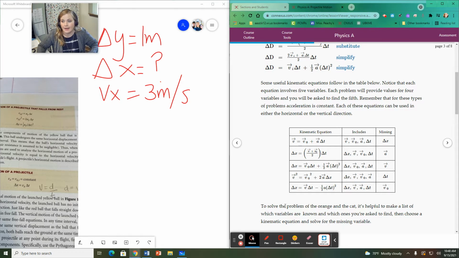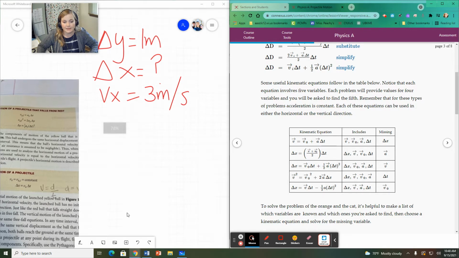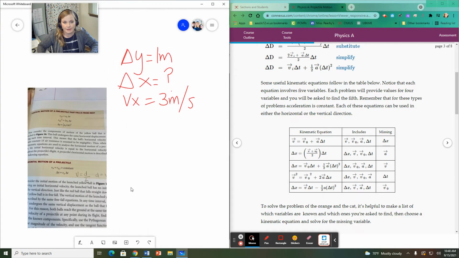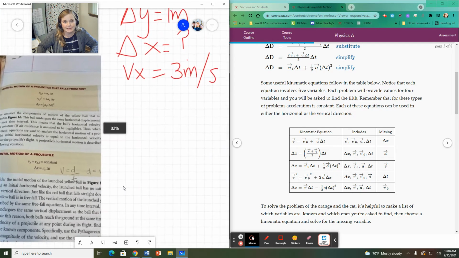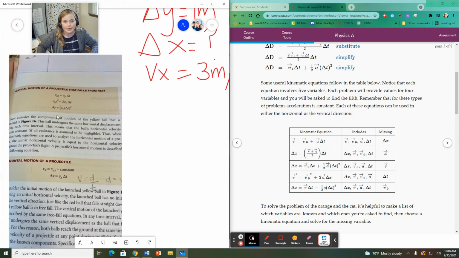So they give you a whole table of kinematics, and it works very well. The other thing I liked about the book is that they've simplified these kinematics specifically, in this case, for projectiles launched horizontally, and they've divided them up into the y components and the x components, which is pretty nice to have, especially when you're new to this.